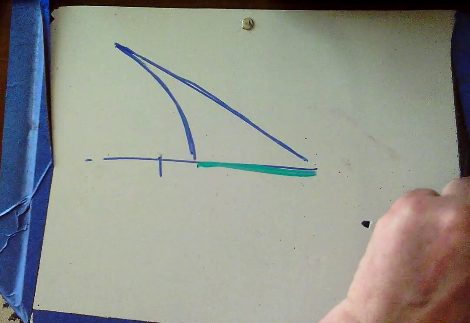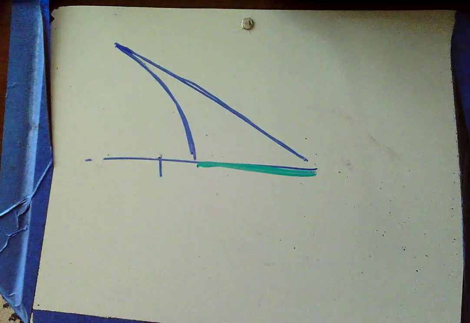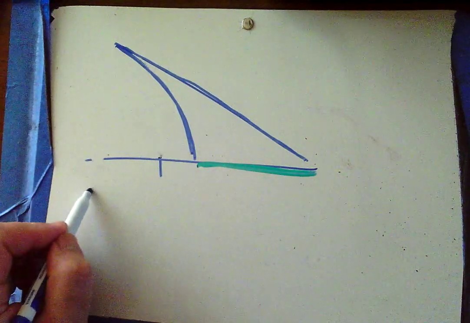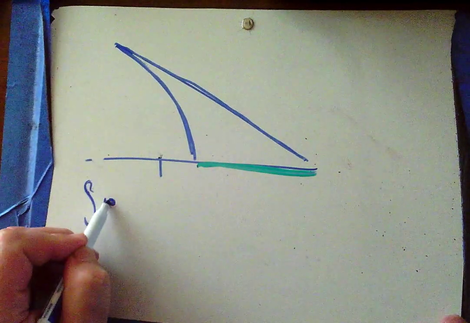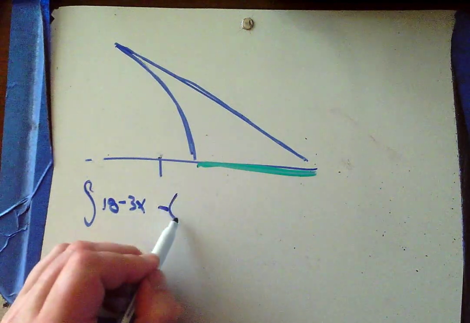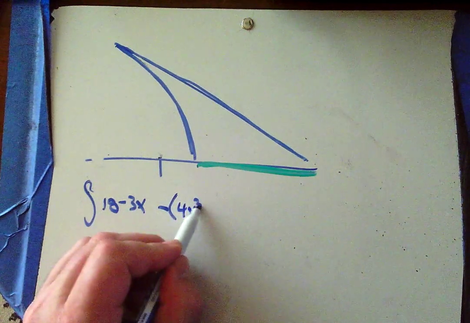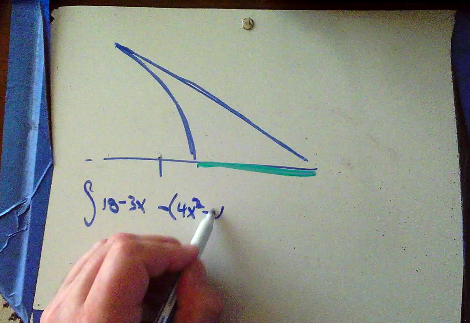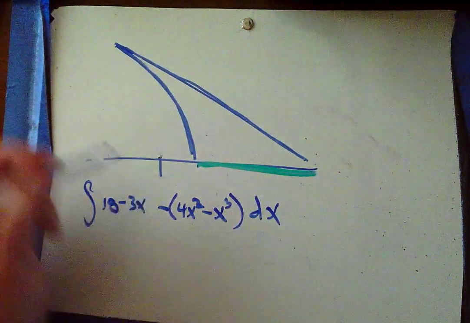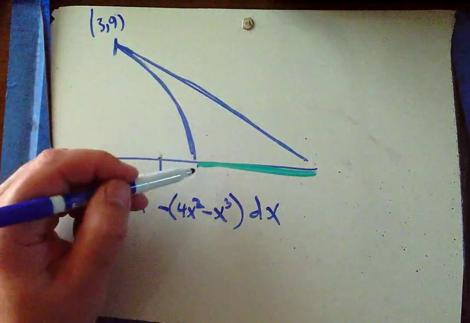And so we kind of have to address that consideration by separating this into two integrals. We would have the integral of 18 minus 3x minus our f, which is 4x squared minus x to the third, dx. And I would want to do that from this point of tangency, 3, until I got here.